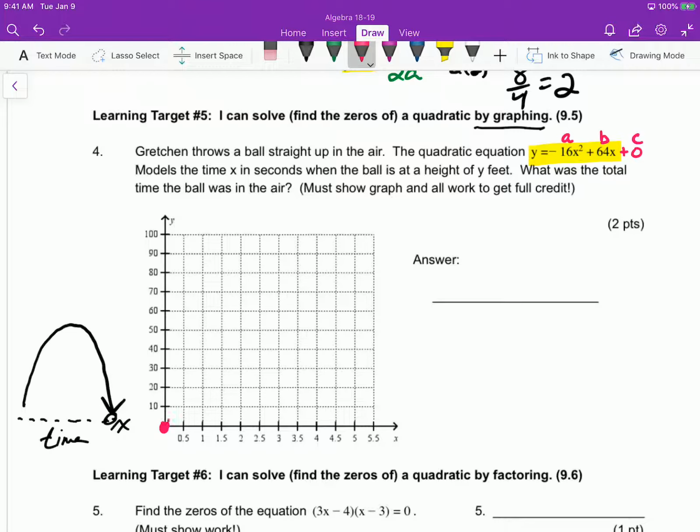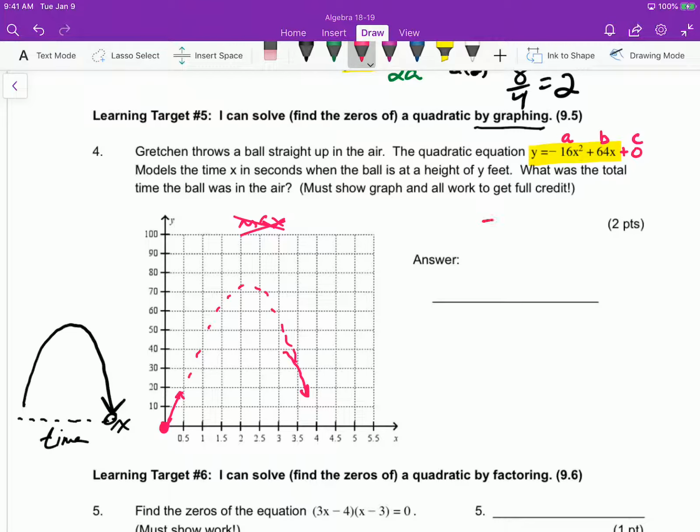We know it goes upward from there, but actually if you notice, it doesn't ask us how high. The maximum is not the question here. The question says, when will it return back down to the ground? So we're not necessarily sure how high it goes, but when would the object come back down?